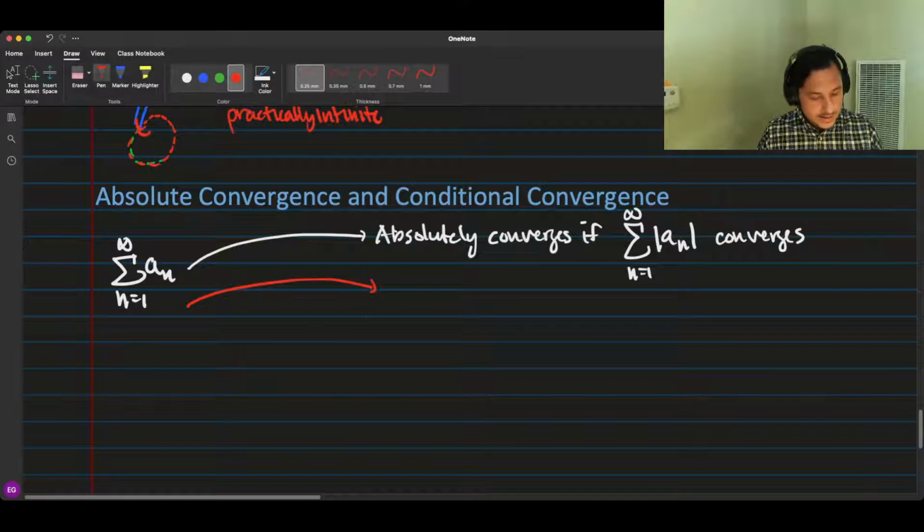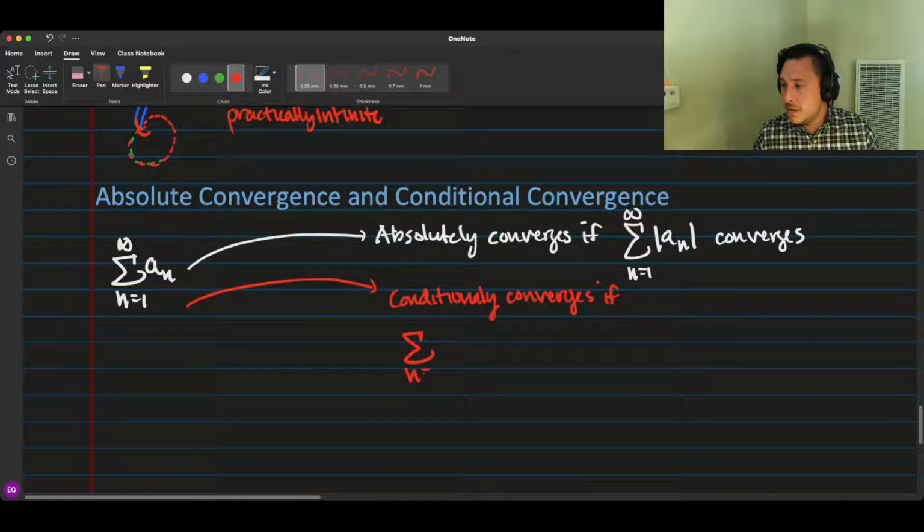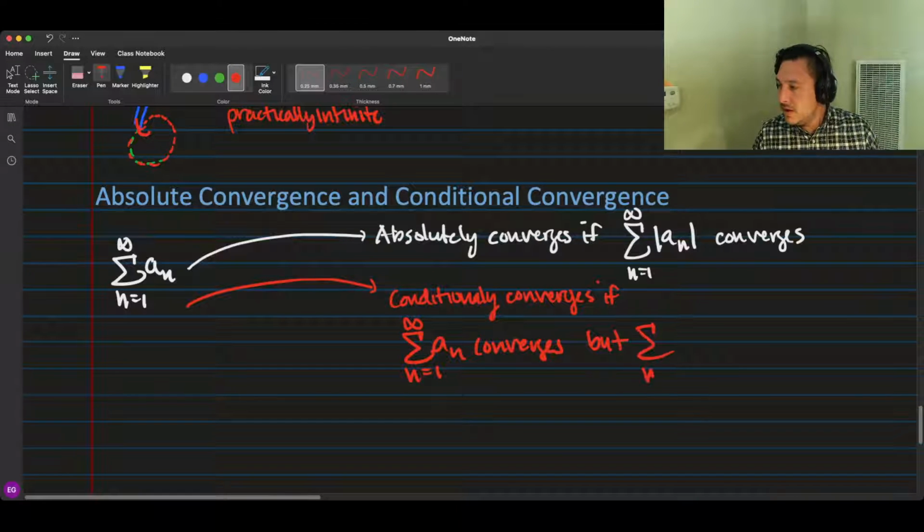We would say that the series conditionally converges if this one converges, but when you make everything positive, in other words, with the absolute value, that diverges.